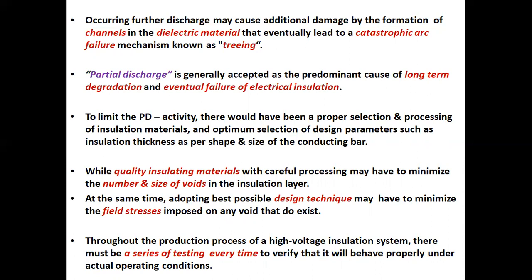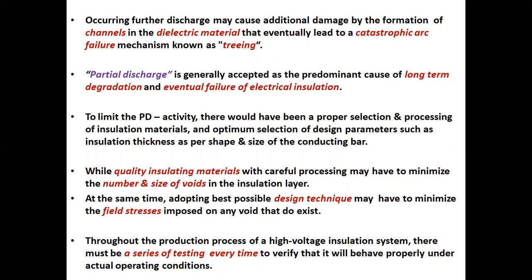To limit partial discharge activity, there must be a proper selection and processing of insulation materials and optimum selection of design parameters such as insulation thickness, as per the shape and size of the conducting bar, while quality insulating materials with careful processing minimize the number and size of voids in the insulation layer.